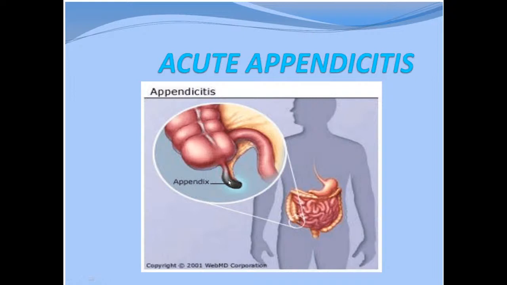Here you can see the appendix. Very often the appendix can become inflamed, and this disease is called appendicitis. It is an acute destructive disease, and it can lead to destruction inside the abdominal cavity and be complicated by peritonitis.